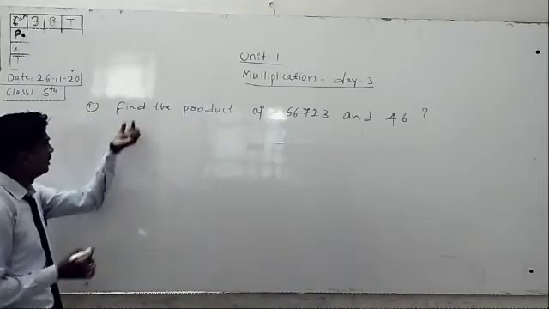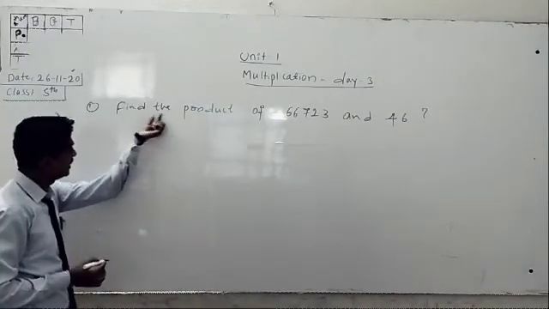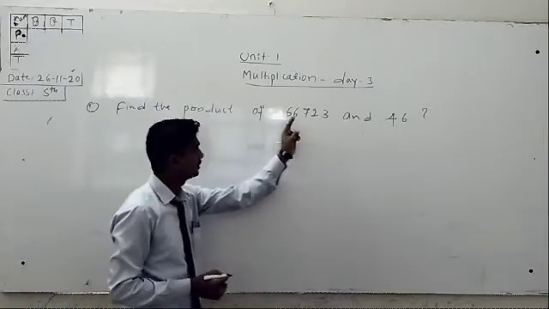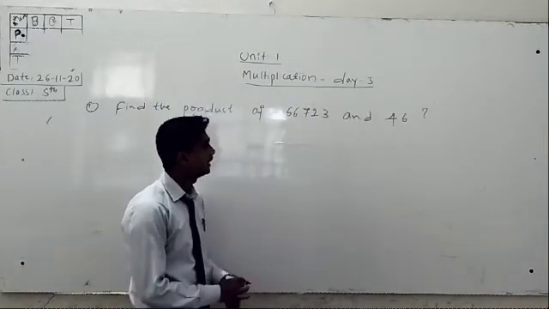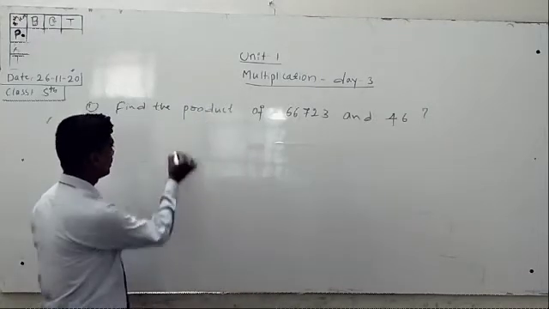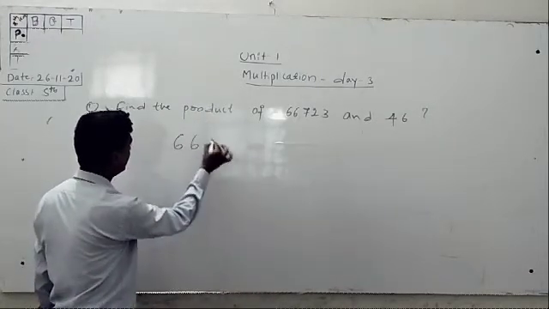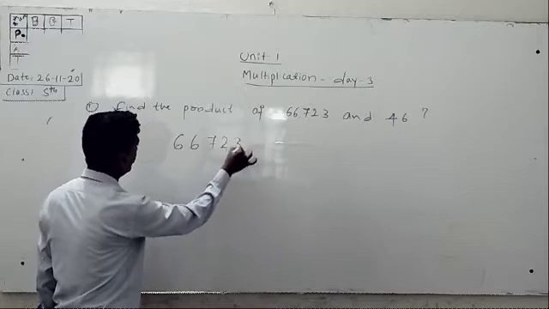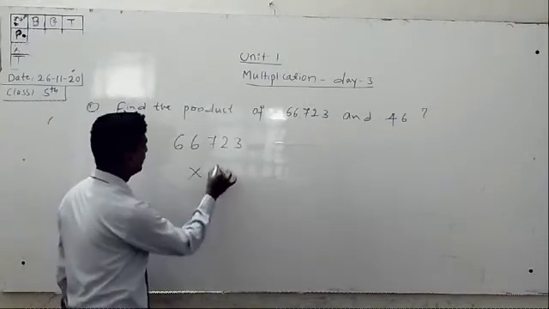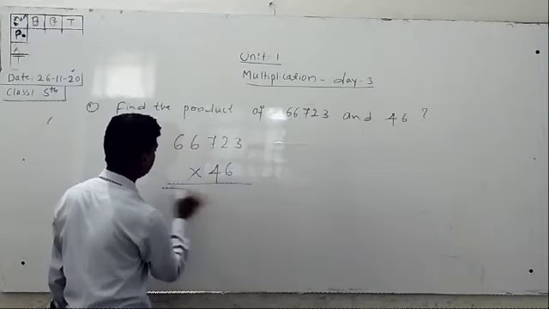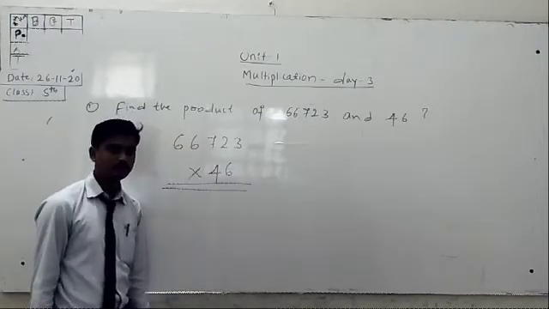First of all, when this type of question is given, find the product of 66,723 and 46, we have to write 66,723, then the multiplication symbol, then 46. Yes or no?